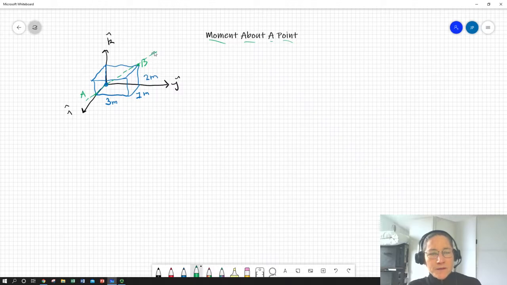I'm going to say there's a 10 Newton force that is being exerted along that line of action. So we're going to ask a question here.